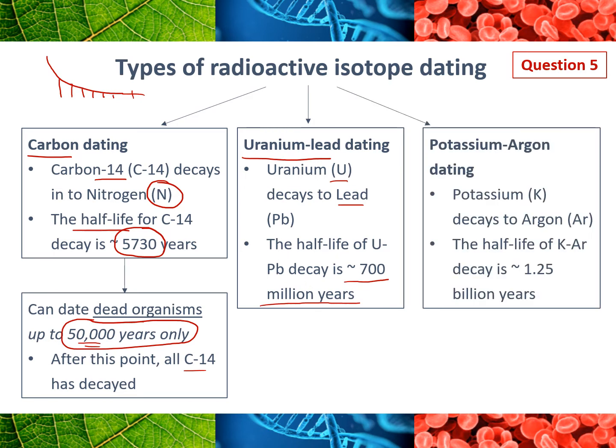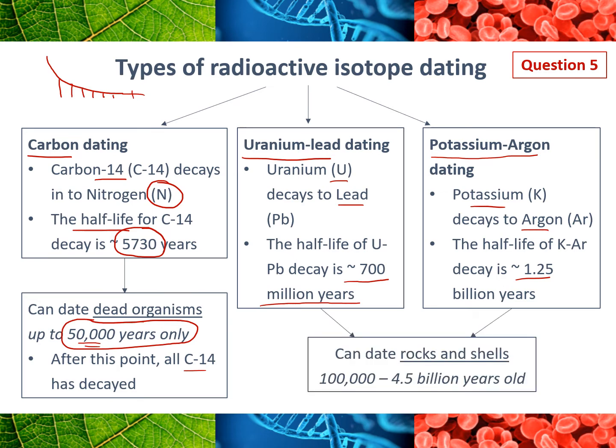The other one that you need to know is potassium argon dating. Same principle, potassium, which is the chemical symbol K, decays into argon. The half-life for this is 1.25 billion years. Okay, so the Earth is only 4.5 billion years old. So we're talking an incredibly slow rate of decay.